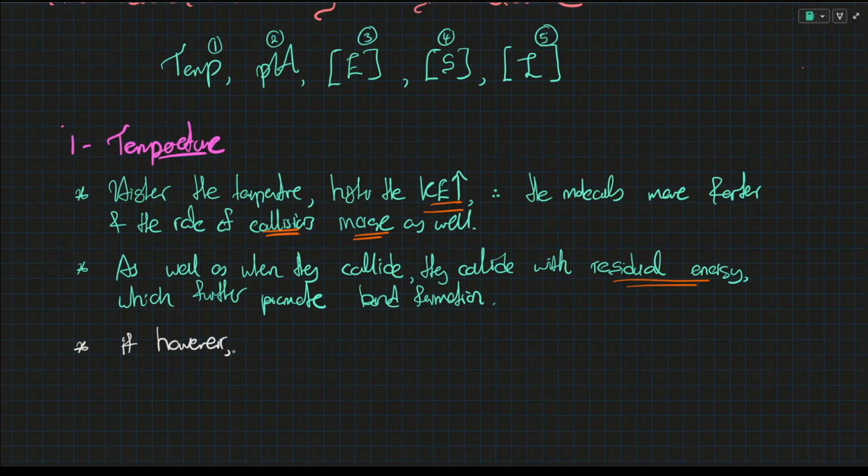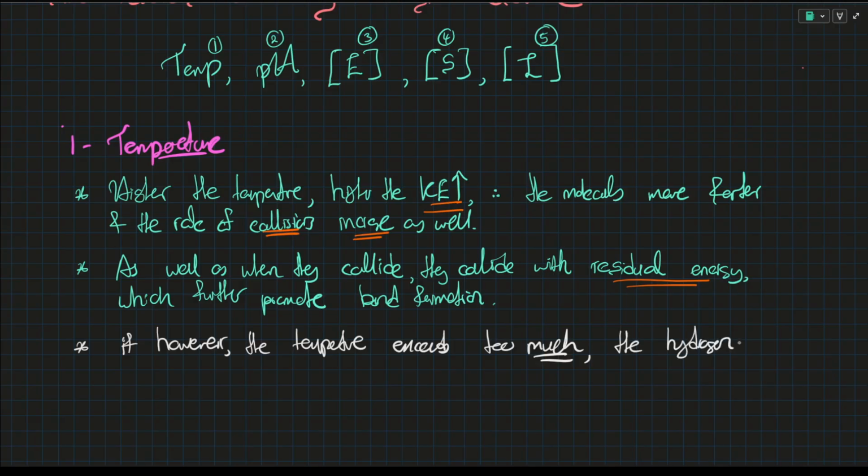If, however, your temperature exceeds too much, then the hydrogen bonds, ionic bonds, all these protein bonds break. We talked about those protein bonds in the previous chapter. Now these bonds holding the shape break.